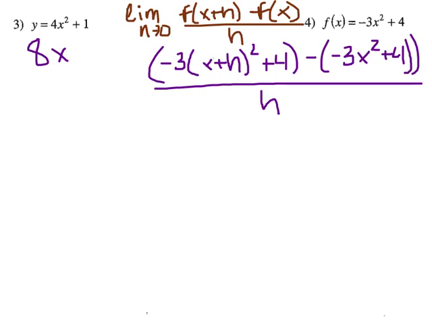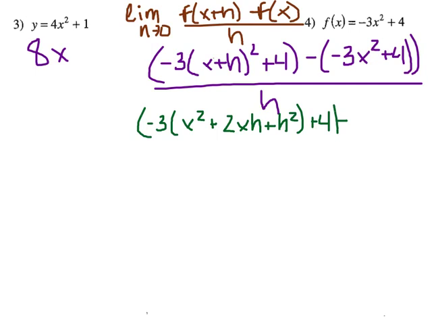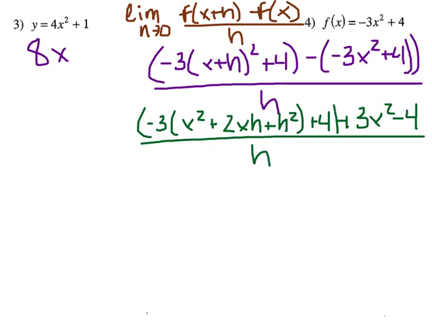So we'll do some multiplying of the binomial, and when we do that, we get negative 3 times x squared plus 2xh plus h squared plus 4. Negative 3 will be a positive 3x squared, negative, and positive makes a negative 4, or minus 4, all over h.